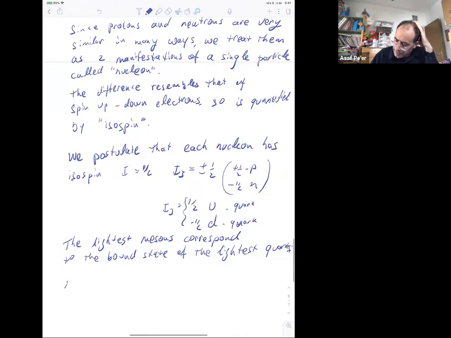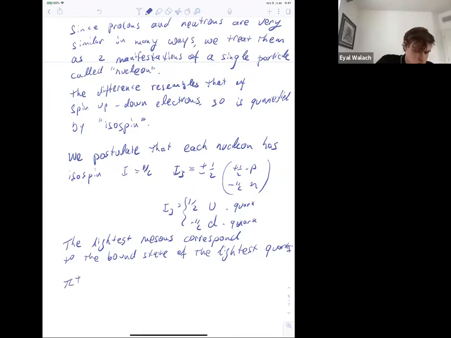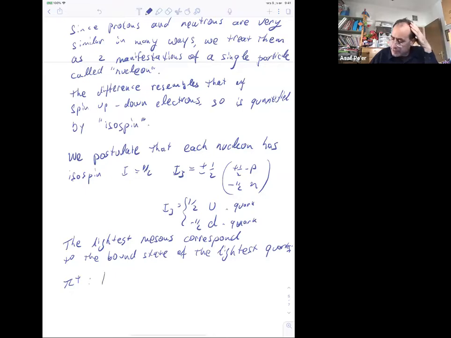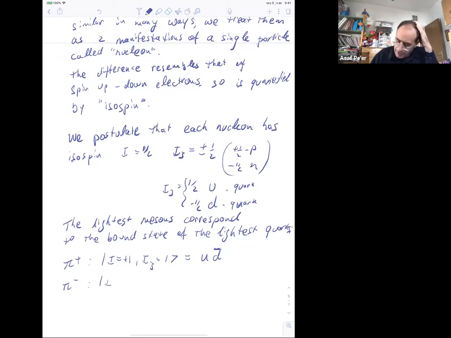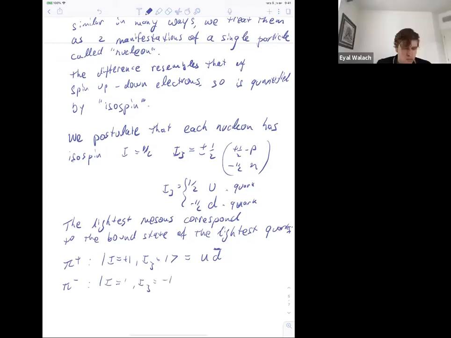So for example, for the positively charged pion, I can think of it as a state with I equal to 1 and I3 equal to +1. So it's really made of an up and an anti-down quark. And for the negatively charged pion, this will simply be I equal to 1 and I3 equal to -1.